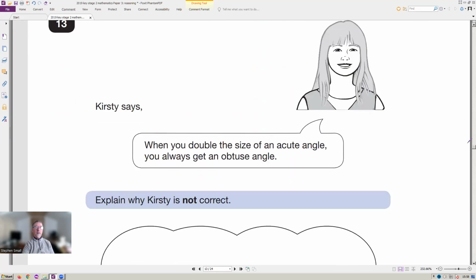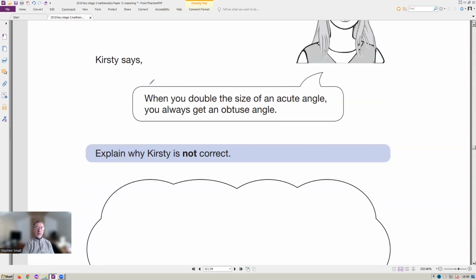Here's an interesting one. Kirsty says, when you double the size of an acute angle, you always get an obtuse angle. Explain why Kirsty is not correct. Well, if it's a very small acute angle, anything below 45 degrees, so I'm going to go with an example. 30 degrees times 2 equals 60 degrees.